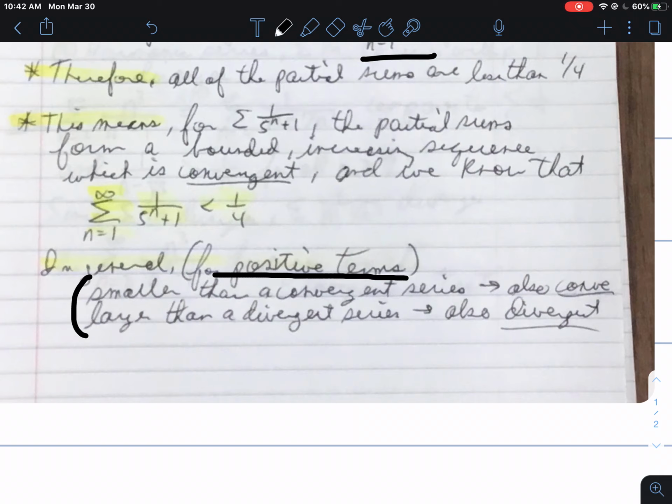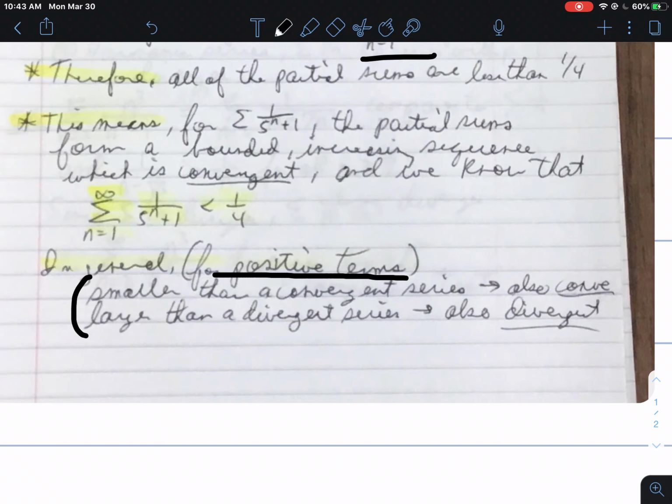And it's a similar discussion that we had in that previous section. My series is convergent if the terms of my series are always smaller than those of a convergent series, right? So smaller than a convergent series means it has to converge. I know that my series will diverge if the terms of my series are always larger than those of a divergent series. Right? So larger than a divergent series would also have to diverge.